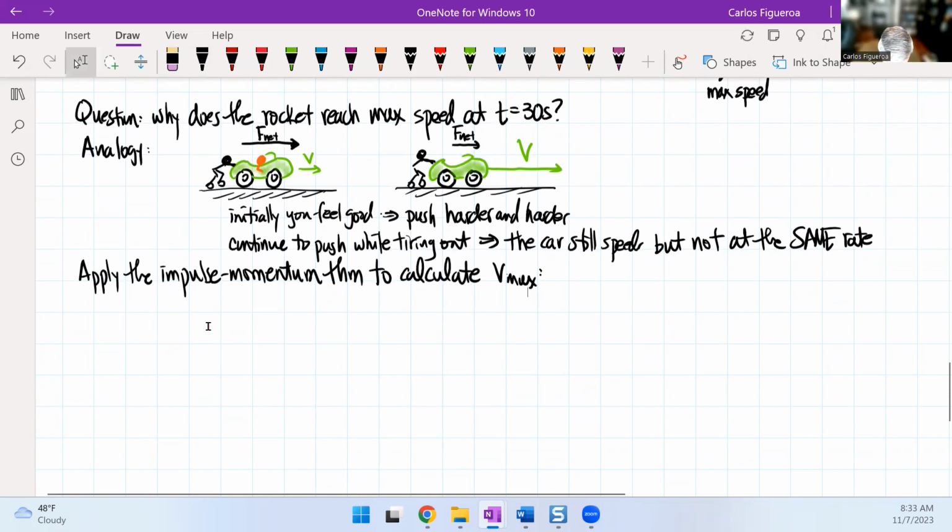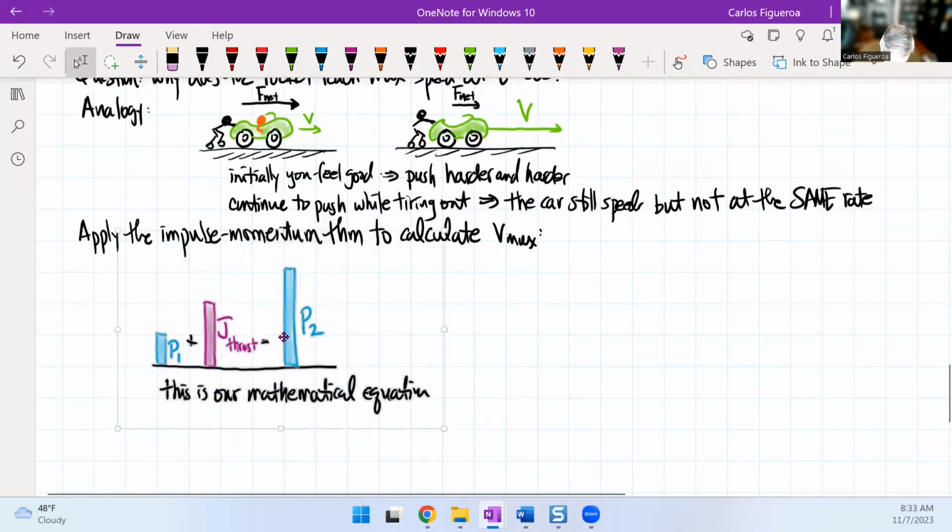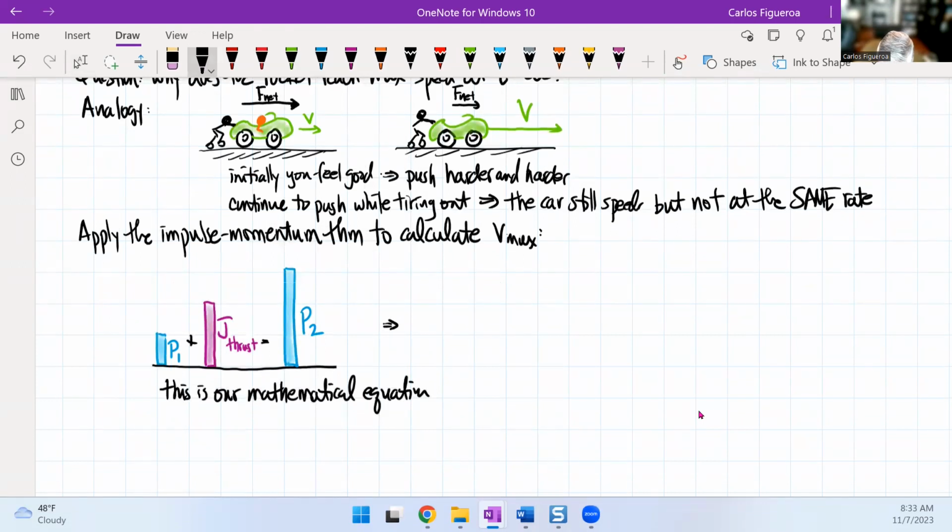This is my bar diagram now, and this is our mathematical equation. It says that P2 equals P1 plus J of the thrust, which just means this is going to be mass times velocity 2 equals mass times velocity 1 plus the thrust impulse that we have already calculated.